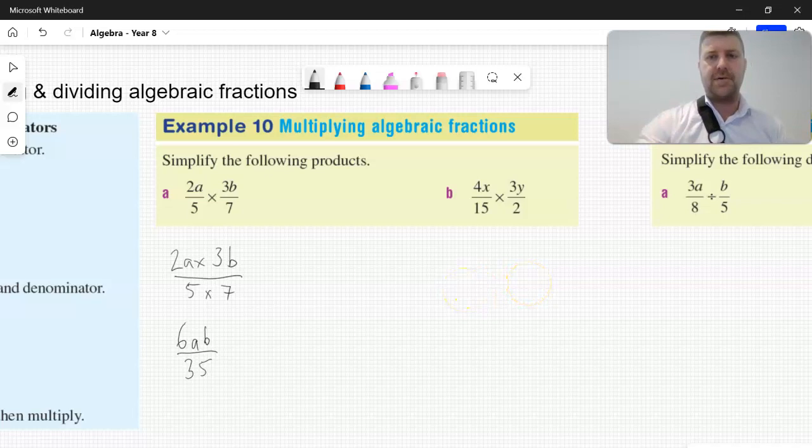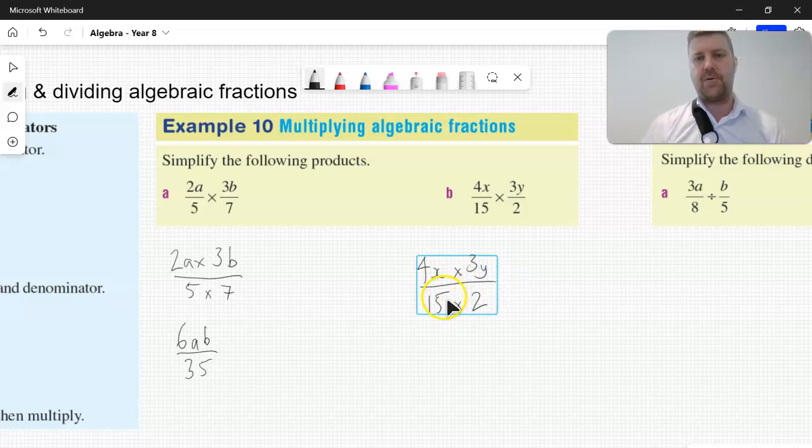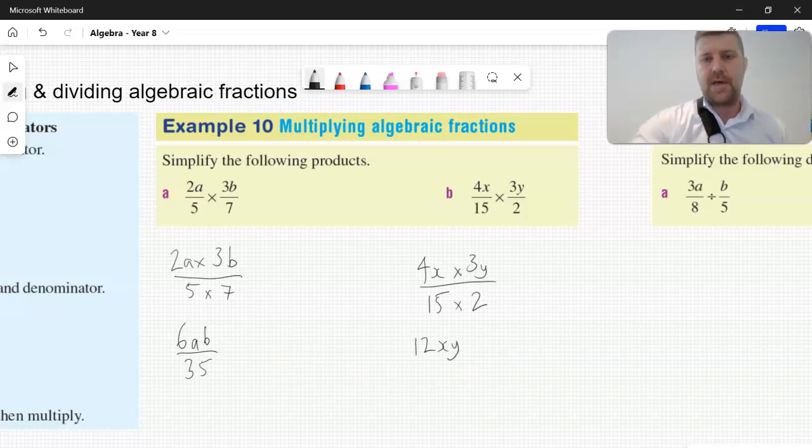Anyway, in this case, we've got 4x over 15 times by 3y over 2. And again, numerator times numerator, denominator times denominator. 4x times by 3y is 12xy. 15 times by 2 is 30.